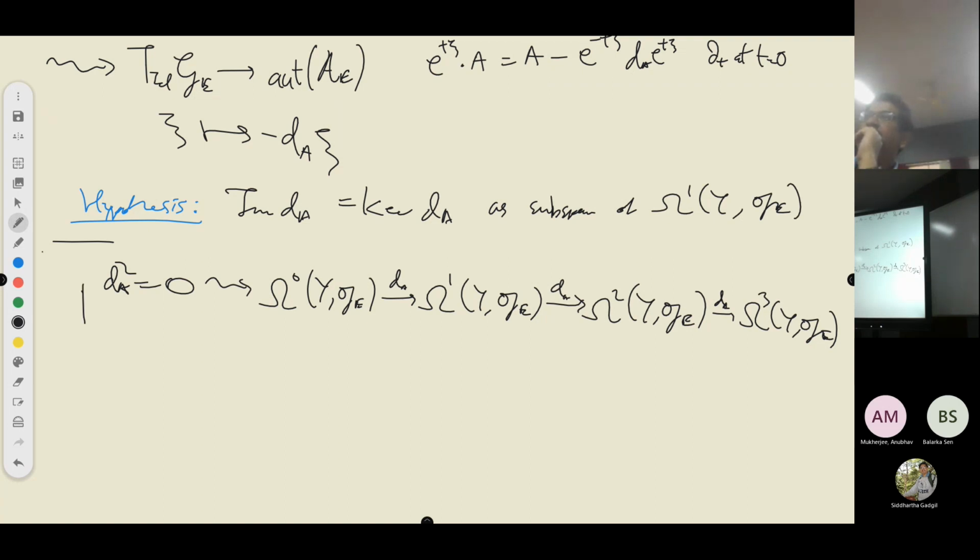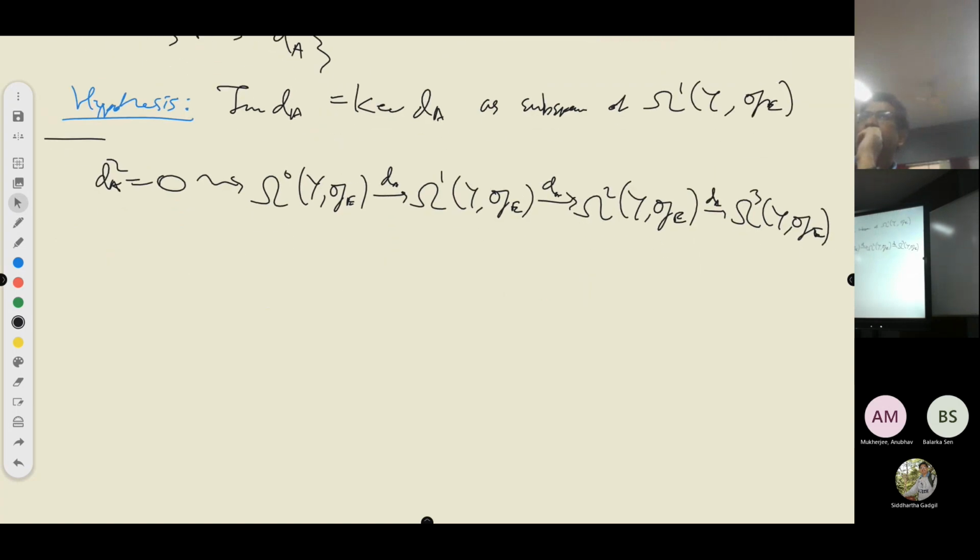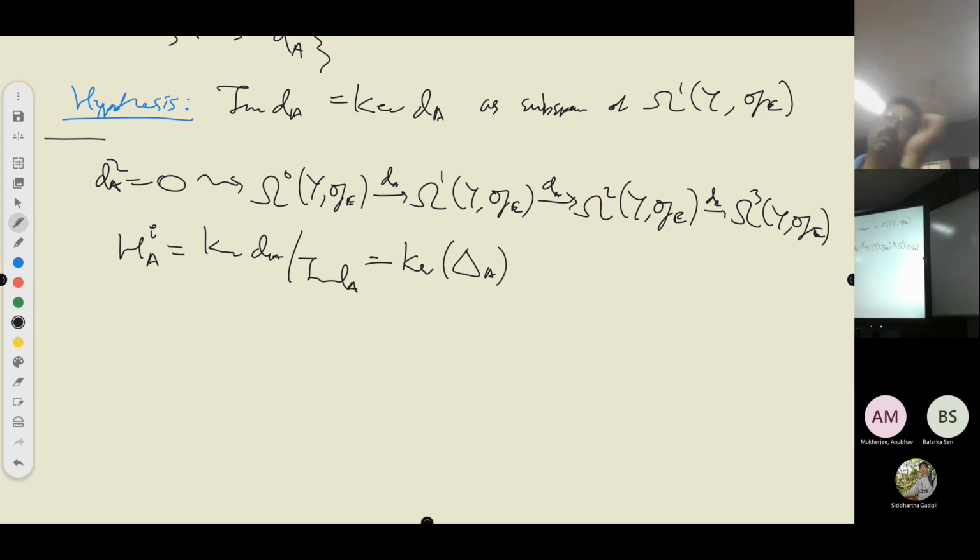One way is developing Mayer-Vietoris and so on, but we'll appeal rather to a Hodge decomposition sort of statement to get at this hypothesis. What do I mean by that? First of all, we have our cohomology groups, which are kernel of dA mod image of dA, but we can also think of this as the kernel of the Laplacian of A. The Laplacian of A is just what you might have seen in Riemannian geometry already.